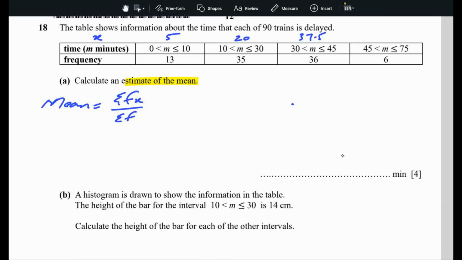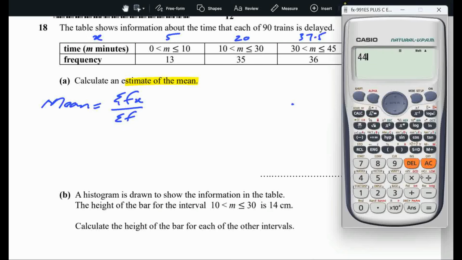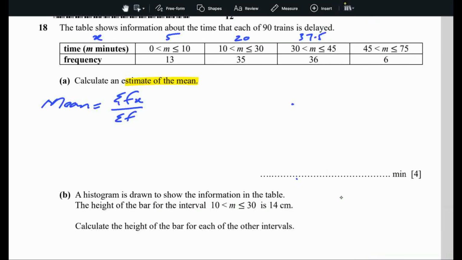And then 45 plus 75 divided by 2. This will be equal to 60.